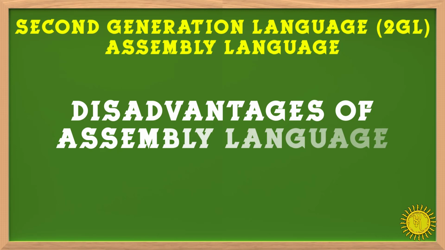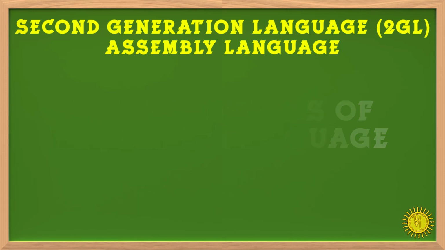Like machine language, it is also a machine-dependent language. It means different assembly language programs need to be written for different types of computers. It is quite a time-consuming language.